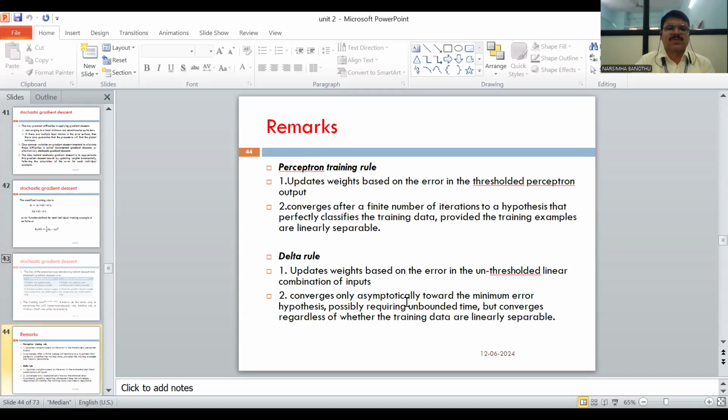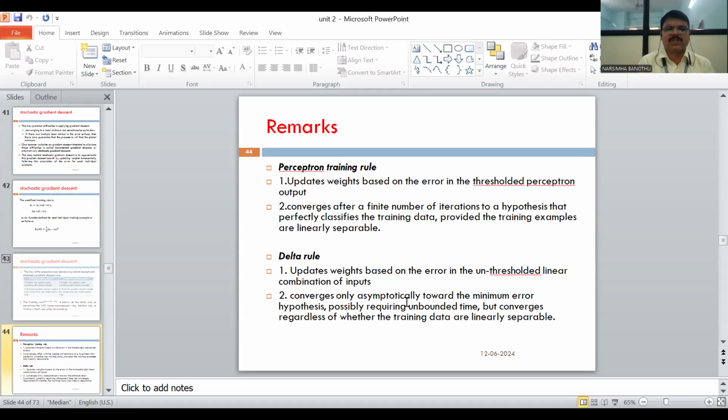So maybe some small remarks are there. The perceptron rule updates weights based on the error in the thresholded perceptron output. It converges after a finite number of iterations to a hypothesis that perfectly classifies the training data, provided the training examples are linearly separable. Coming to the delta rule, some two or three remarks are there.